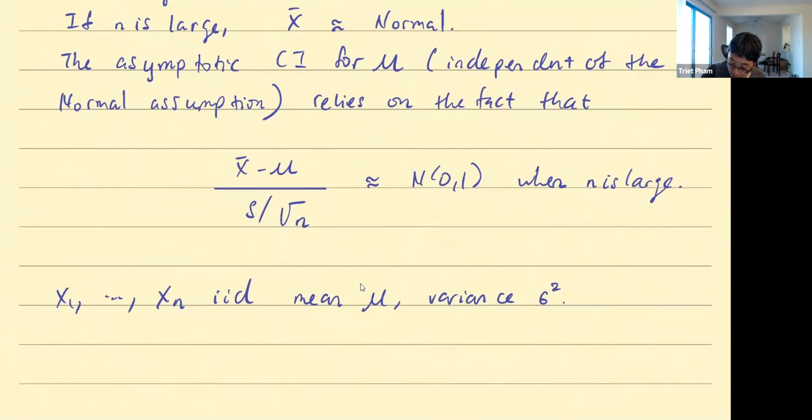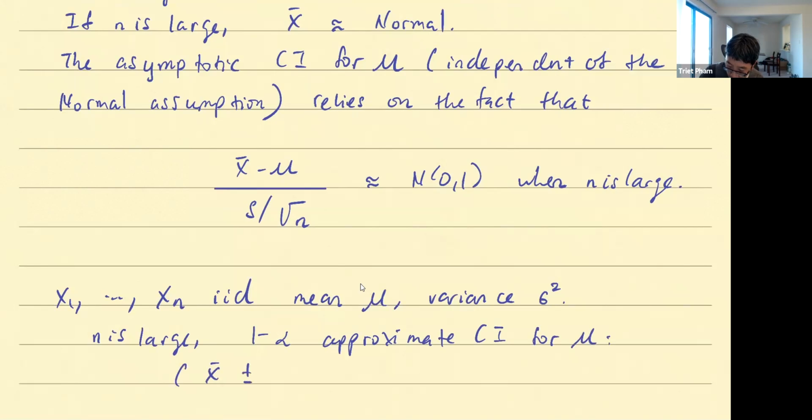Then you can say that, right, when n is large, the 1 minus alpha approximate confidence interval for mu would be X bar plus or minus Z alpha over 2 S over root n. Okay.